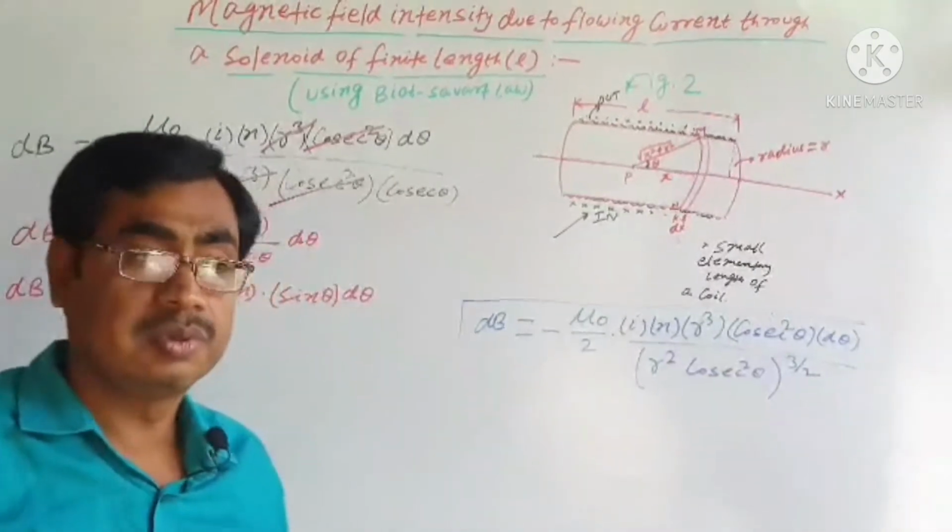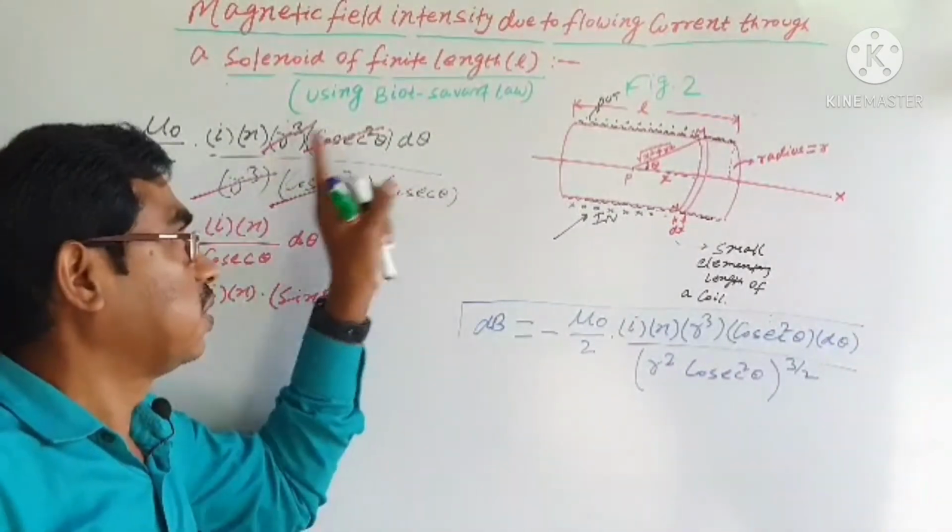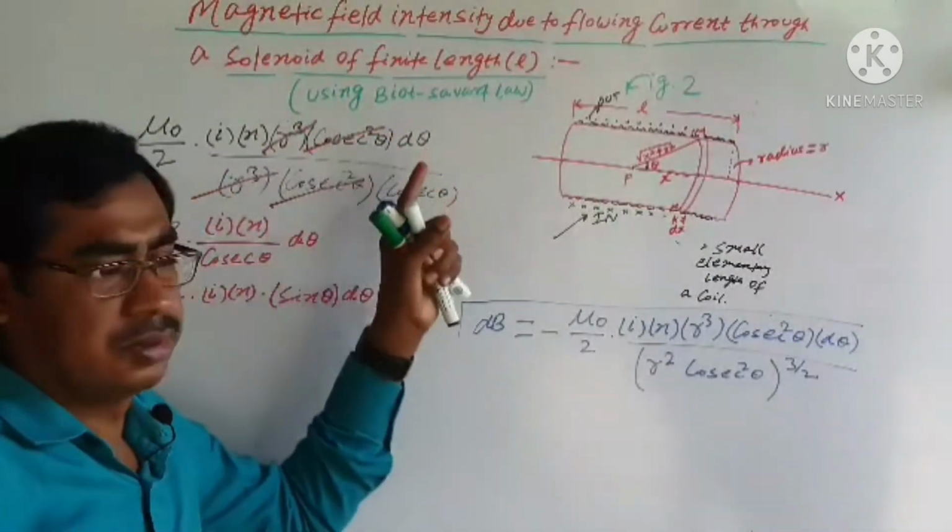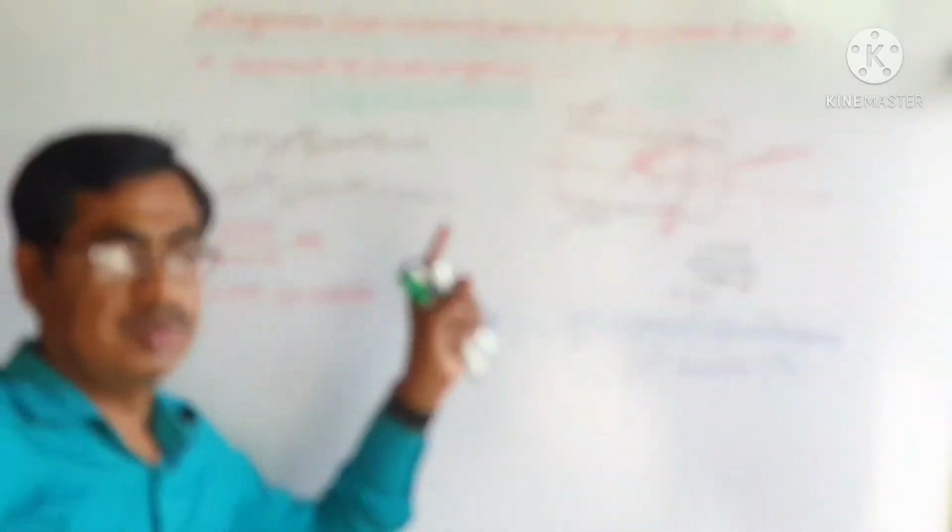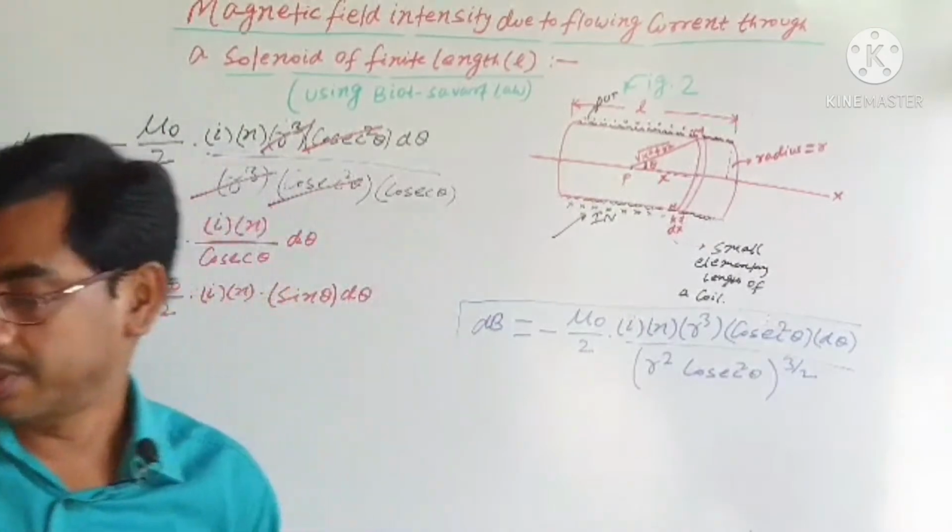Now, we have to evaluate magnetic field intensity for an entire solenoid having length L. So, we have to integrate it. Okay.